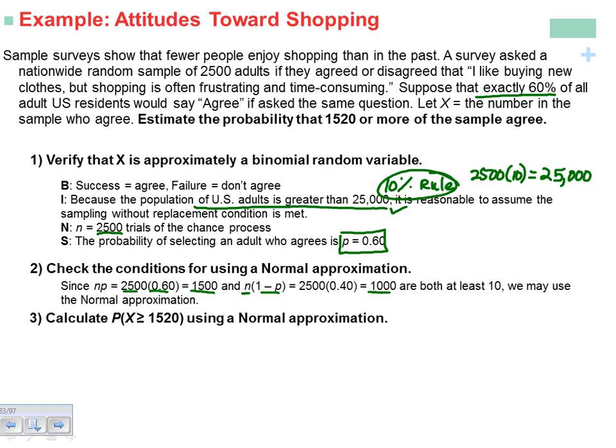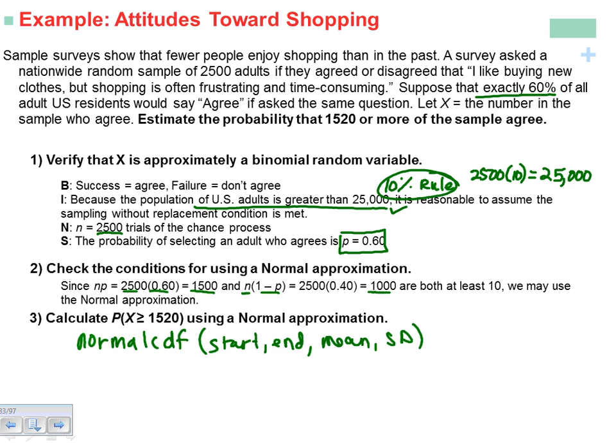So now that we have shown all of this, we can calculate the probability of x greater than or equal to 1,520 using a normal approximation. So that would be a normal CDF. Just a little recall, we need the mean and standard deviation.